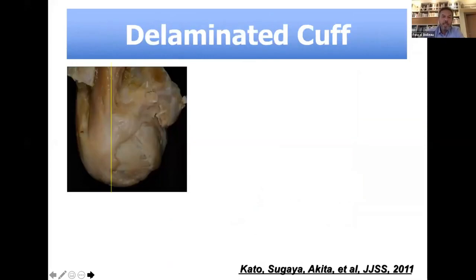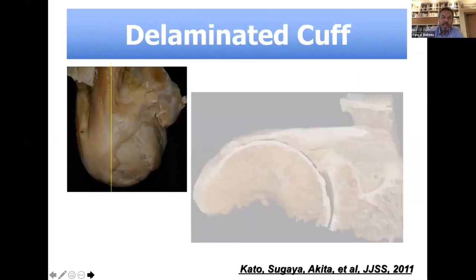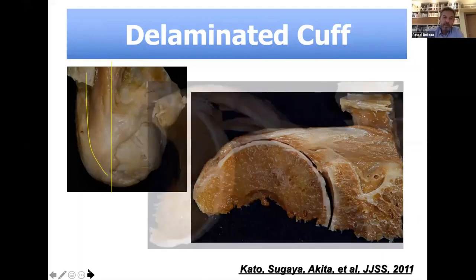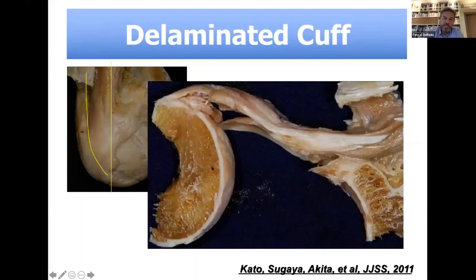And if we look here on this anatomical preparation, you can see that there is both insertion of the cuff tendon itself and of the capsule, and there is a retraction, and also here you can see the start of the delamination of the tendon here.